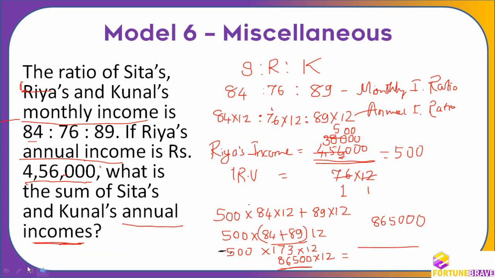So I added a 0, so it is multiplied by 10, and I add 2 times, so 1,73,000. So if I add this, you will get the answer, 10 lakh 38,000 is the answer. 10 lakh 38,000 is the answer.